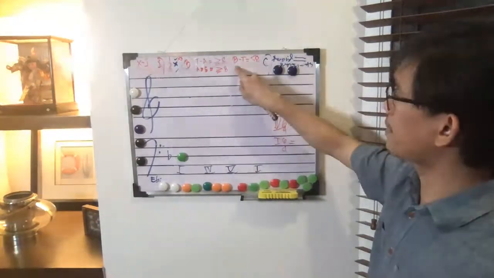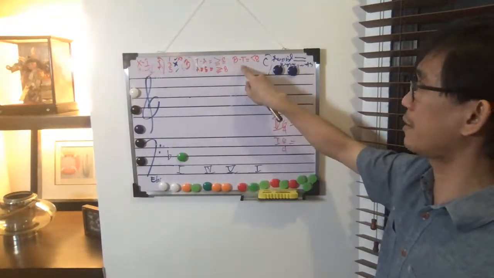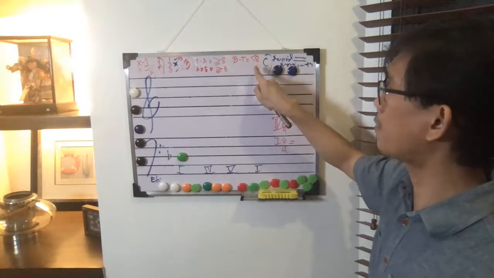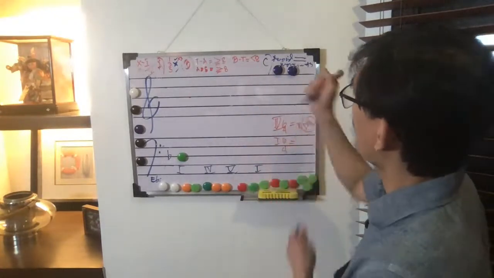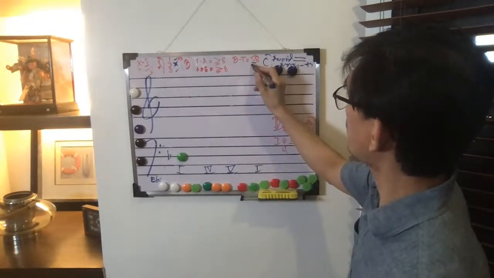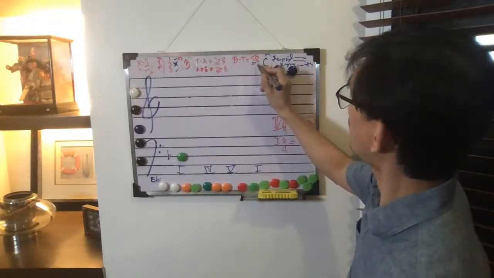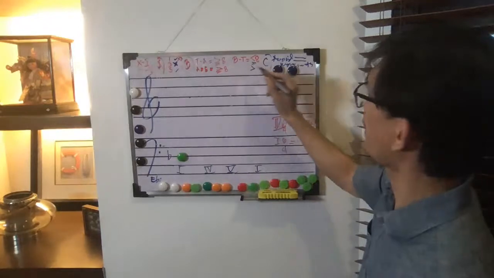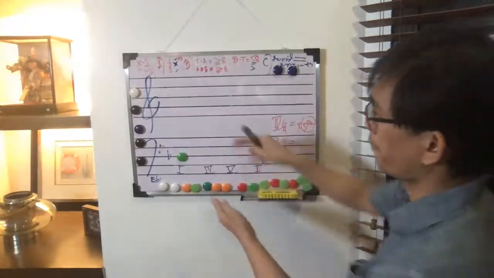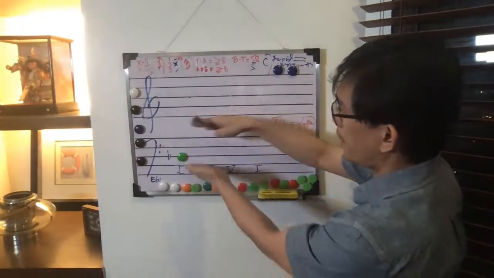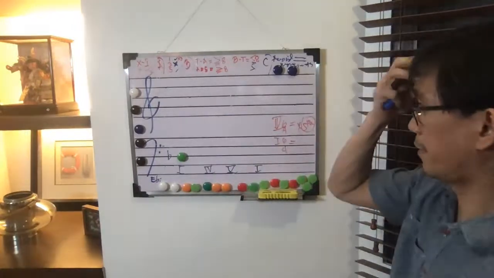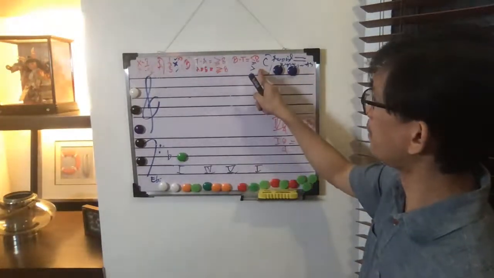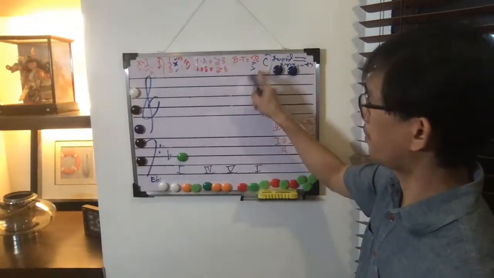Now, the distance between the bass and the tenor could be equal to an octave, or bigger than an octave, or less than an octave. So you're free to really open up or to squeeze them together. It could be equal to, less than, or bigger than.